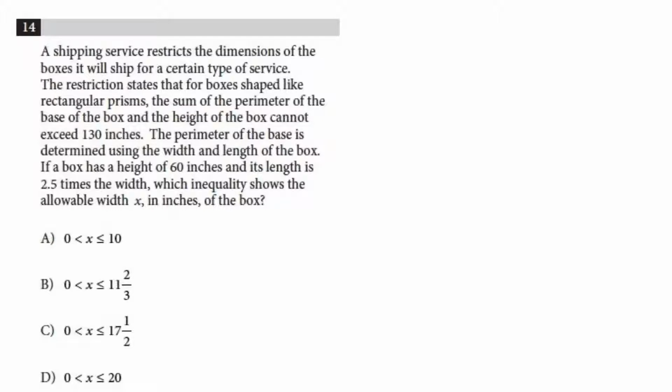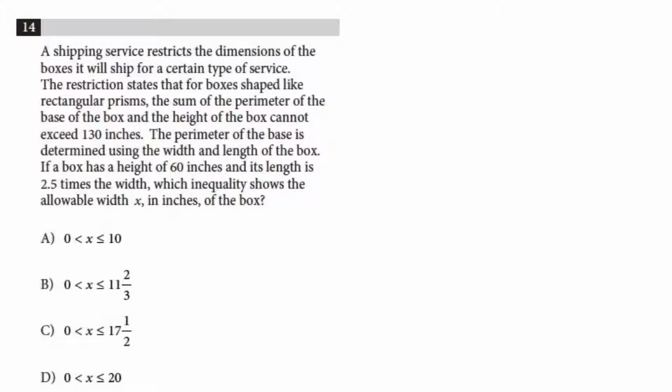14. A shipping service restricts the dimensions of the boxes it will ship for a certain type of service. The restriction states that for boxes shaped like rectangular prisms, the sum of the perimeter of the base of the box and the height of the box cannot exceed 130 inches. Okay, so I'm going to highlight that.